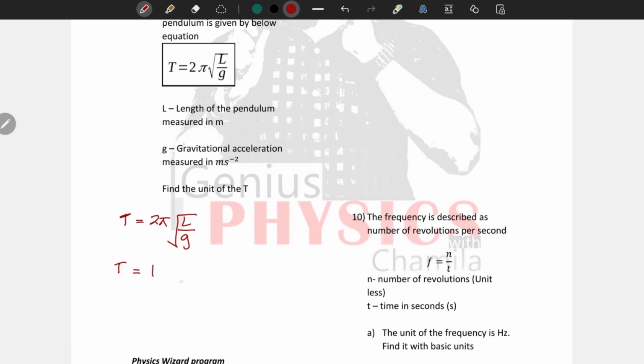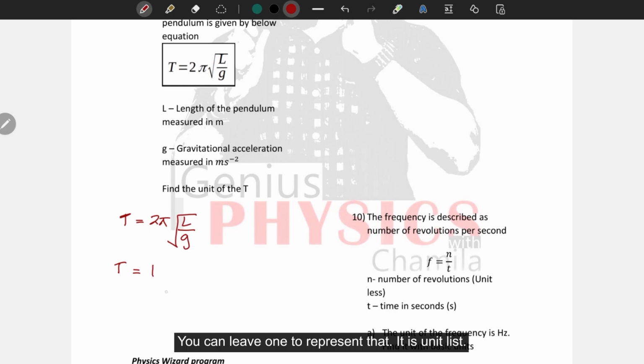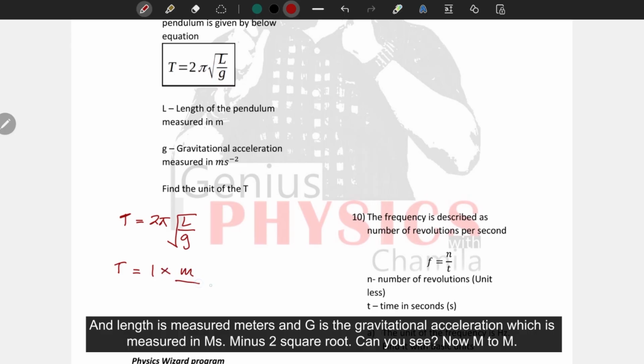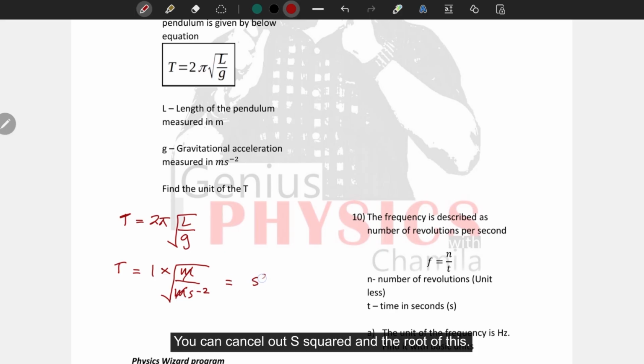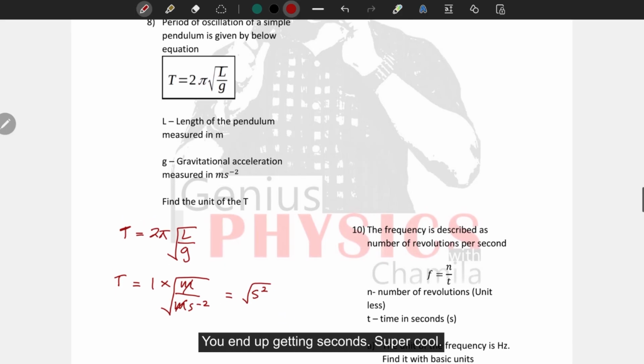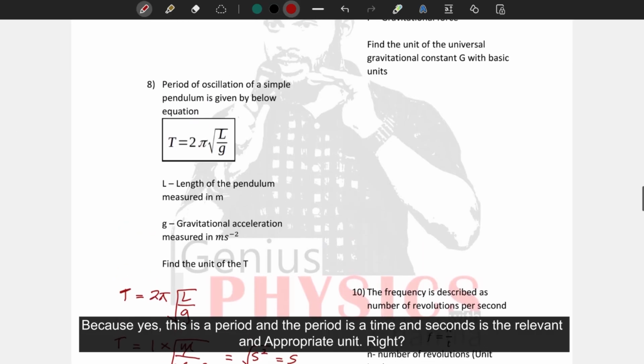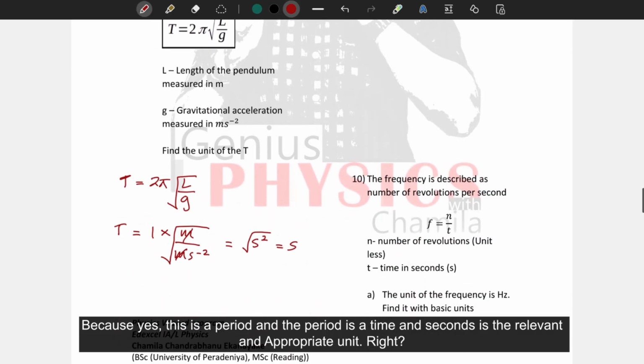You can leave 1 to represent that it is unitless. Length is measured in meters, and g is the gravitational acceleration, which is measured in m s to the power minus 2, under a square root. Can you see now, m to m you can cancel out, s squared and the root of this, you end up getting seconds. Super cool, because yes, this is a period and the period is a time, and seconds is the relevant and appropriate unit.